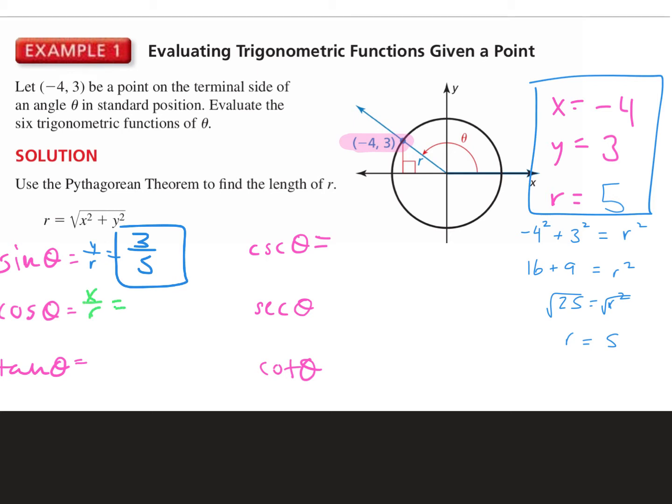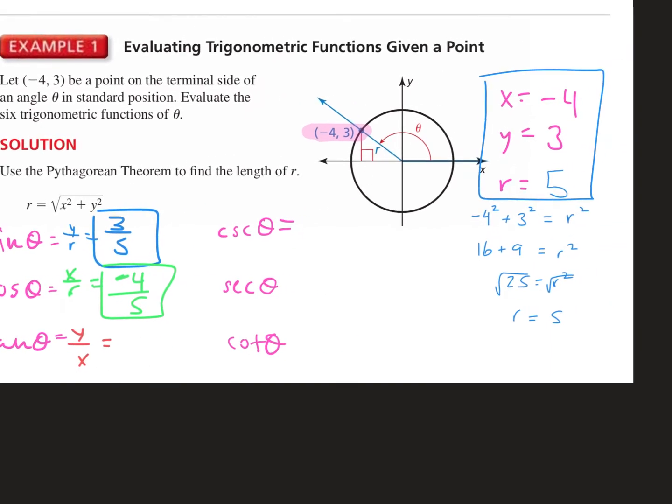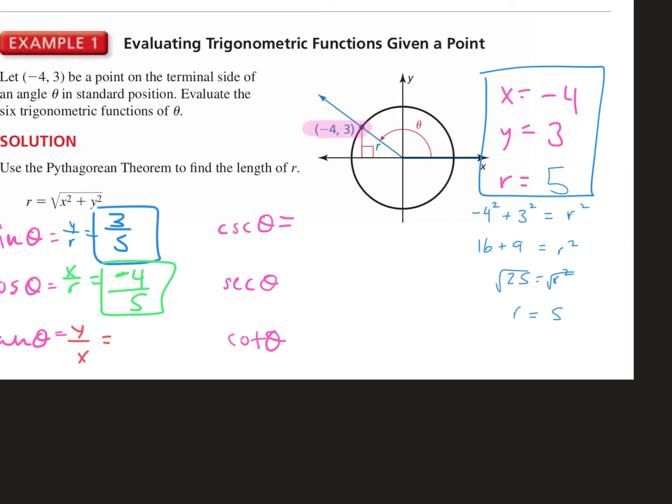Negative 4. Negative 4 over 5. So that is our cosine of theta. Next we have tangent. Tangent's what over what? Y over x. What's our y? 3. And what's our x? So 3 over negative 4.